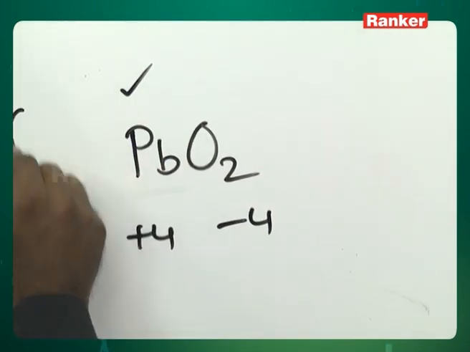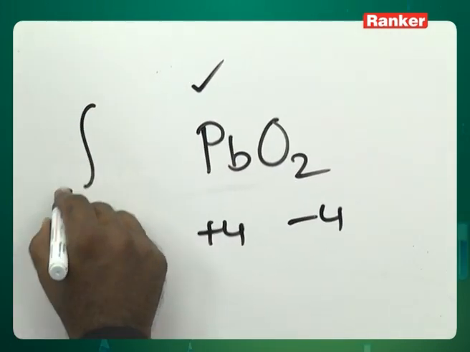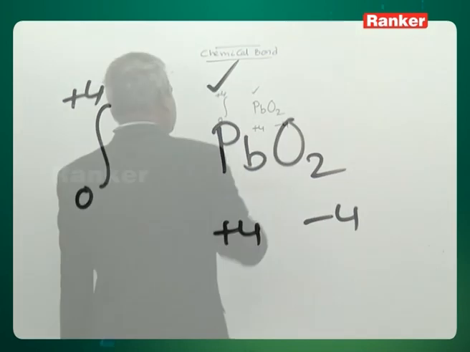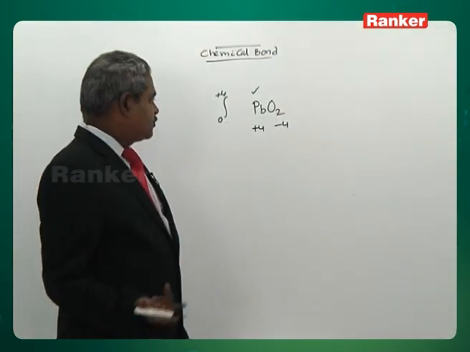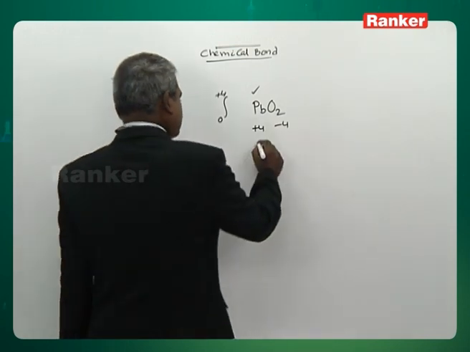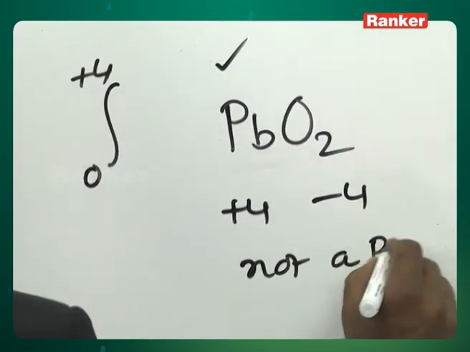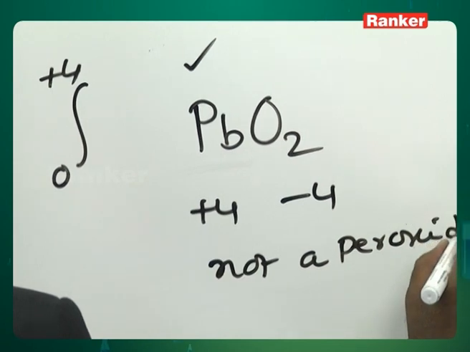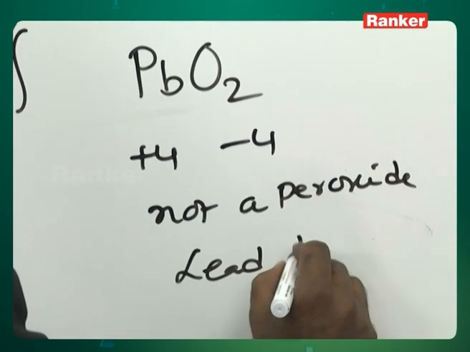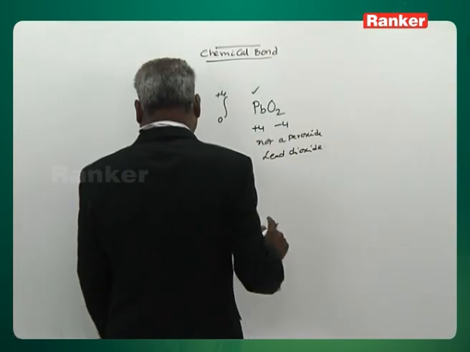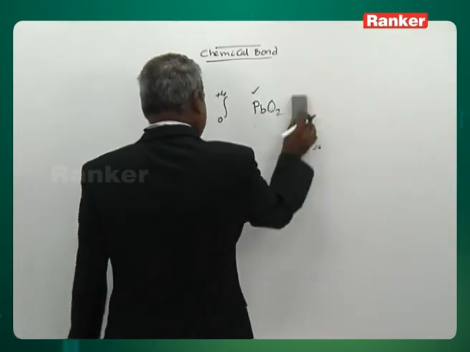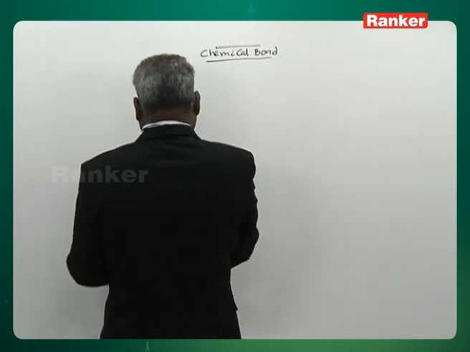Okay, because lead belongs to fourth group. Lead being a metal, 0 to plus 4 okay for lead. Therefore, plus 4 is okay. Therefore, once again, not a peroxide. So, what will be the name? Lead dioxide. Like carbon dioxide, lead dioxide, silicon dioxide, germanium dioxide.